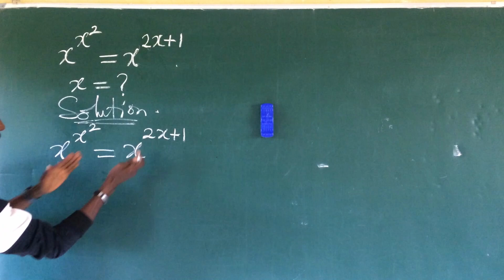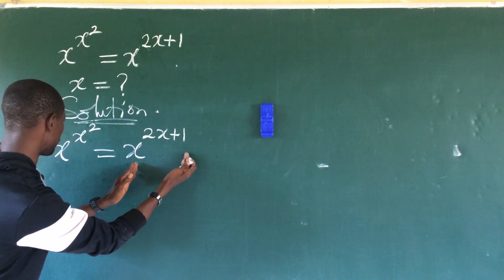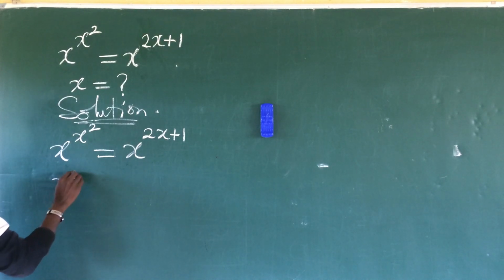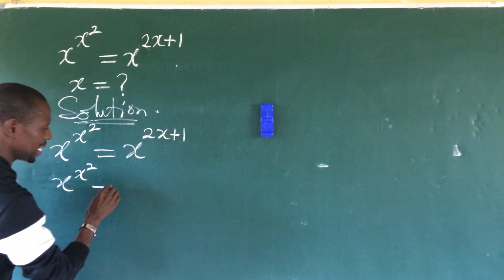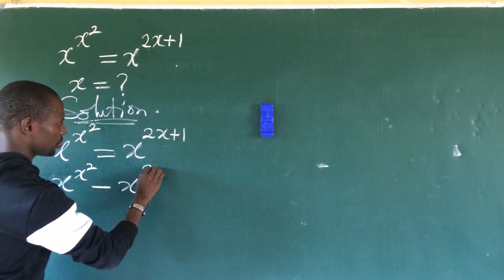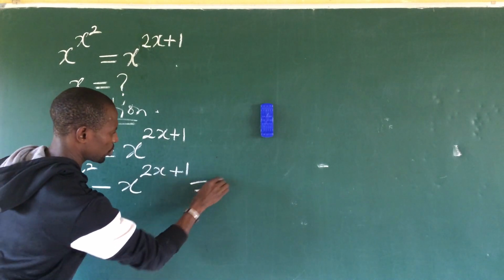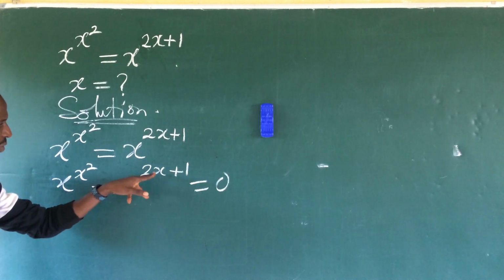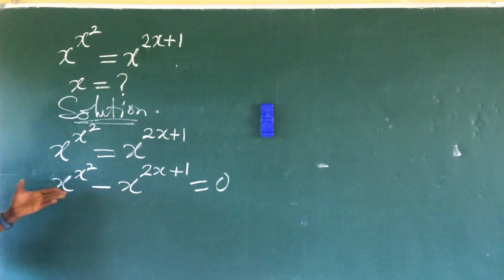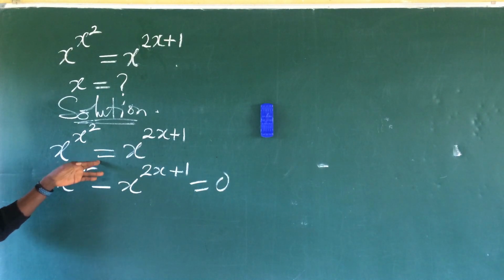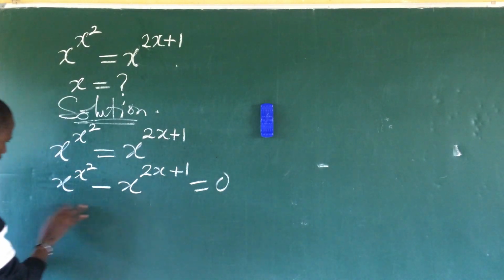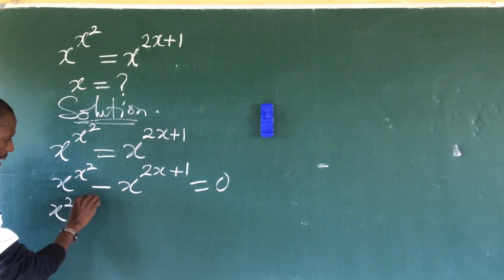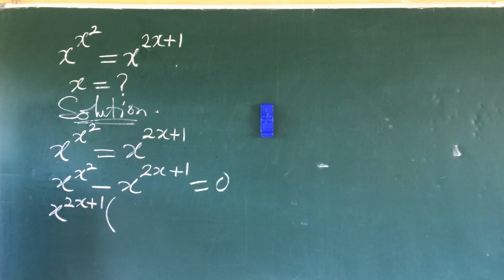Easy. Move this right hand quantity to the left hand side. This gives us x to the power of x all squared minus x to the power of 2x plus 1 equal to 0. What we do here is factor out x to the power of 2x plus 1. We could as well factor out x to the power of 2, but let's factor out this. So this gives us x to the power of 2x plus 1 times.